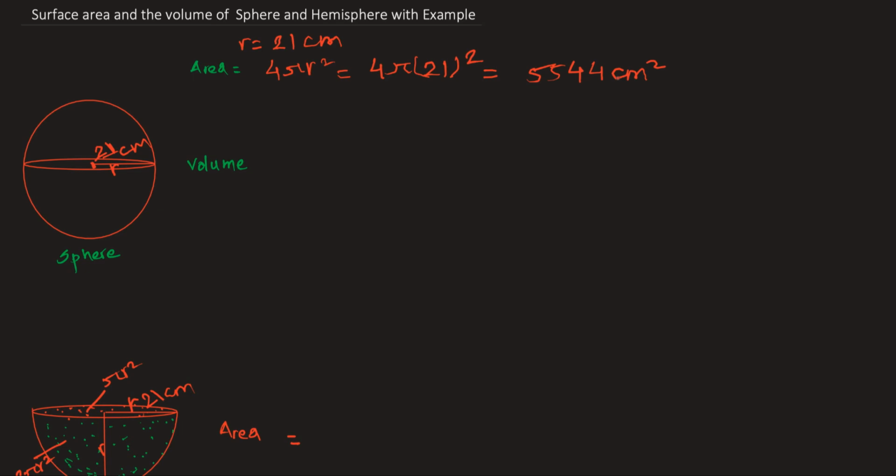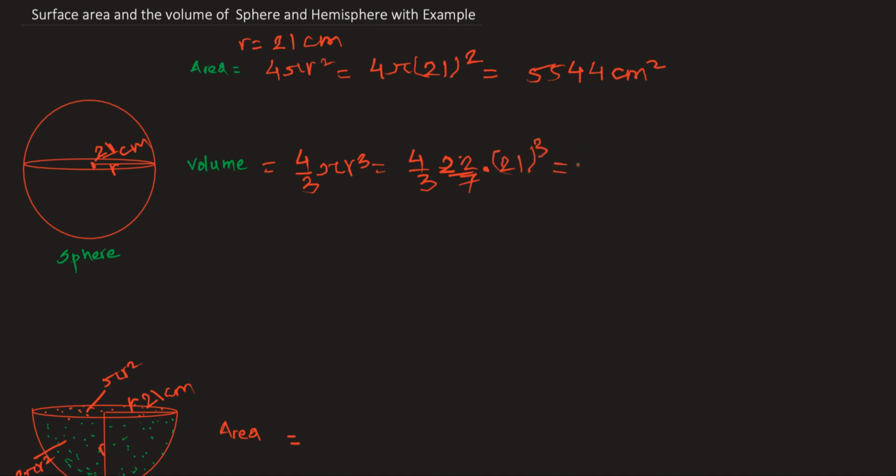The unit is very important. Area is always square unit, centimeter square, whereas volume is in cubical form. In this case it will be in centimeter cube. Now let us find the volume. Volume of a sphere is given by 4 over 3 pi r cube. If we replace r with 21 and pi with 22 over 7 times, our r is 21 and we have to cube it.